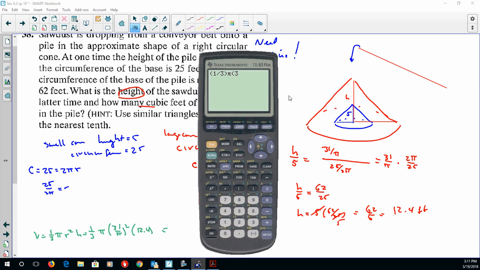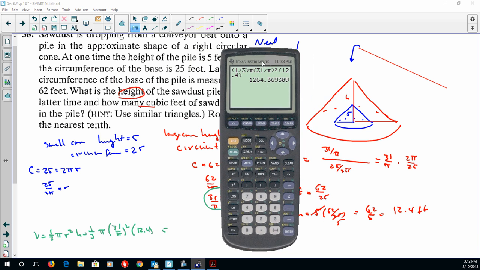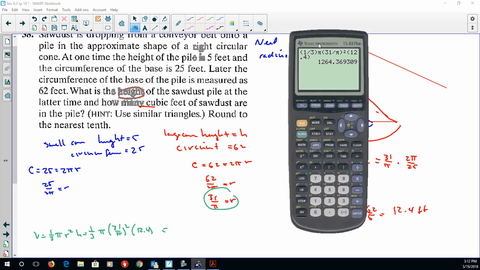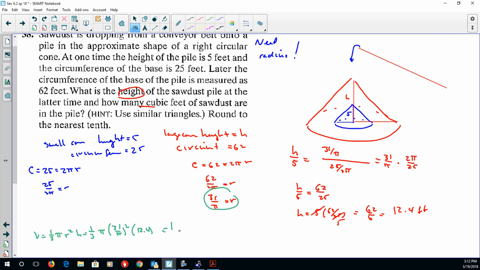So that's radius squared times the height. Rounding to the nearest tenth, we get 1264.4. And this is cubic feet. Everything here was feet. Okay. I don't think you can read that, so try that again. 1264.4 cubic feet.